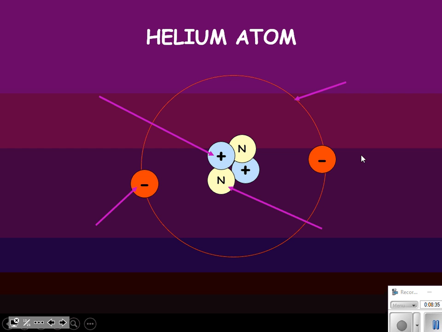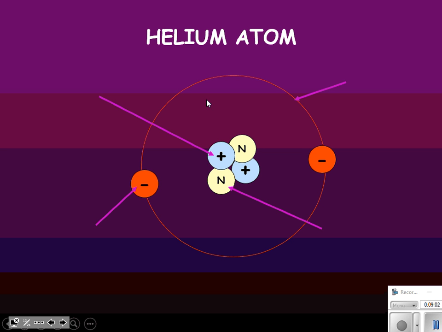Now we're going to add some things in here. If you look at this atom right here, it has 2 protons. Well, this is a helium atom because helium has the atomic number of 2, meaning that there are 2 protons.